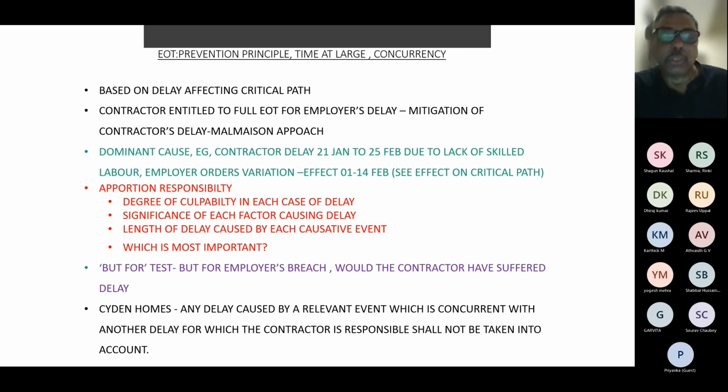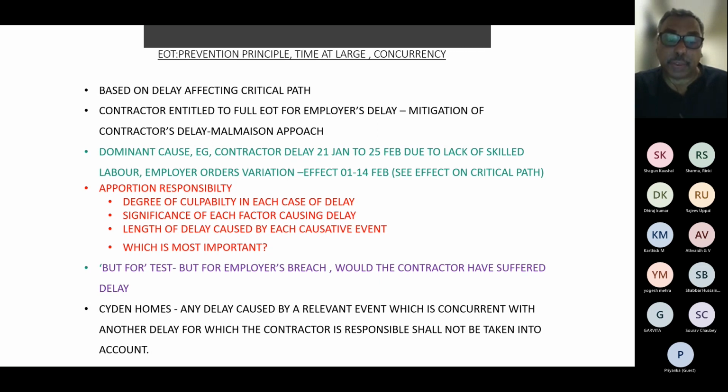So you had a contractor delay from 21st January to 25th February due to lack of skilled labor. At the same time, the employer also orders a variation, which has an effect of delay of 14 days. Which is the most dominant cause, or which is the cause having an impact on the critical path? Then you may apportion responsibility if you can somehow segregate, which is a difficult thing to do.